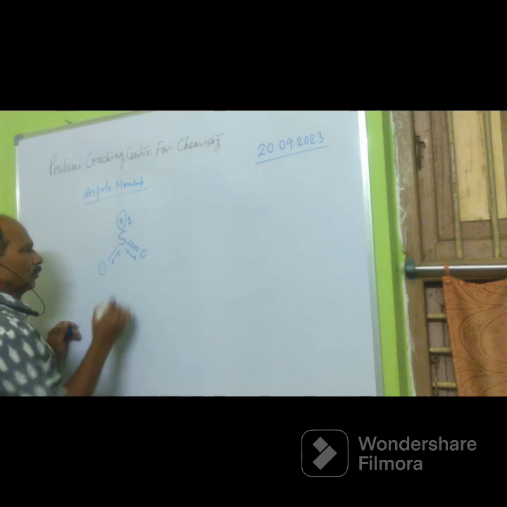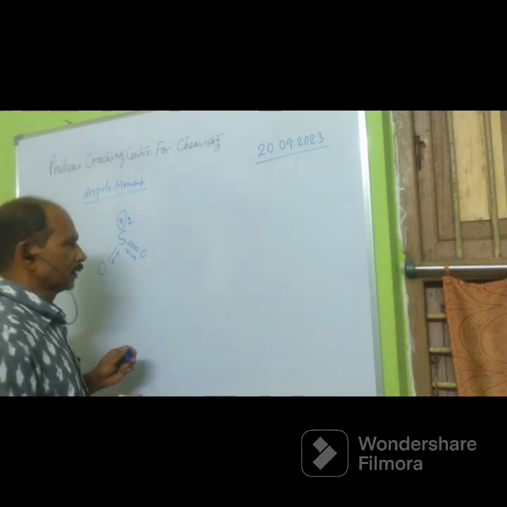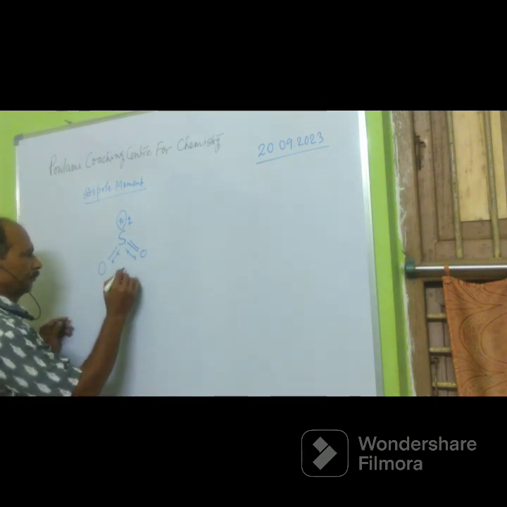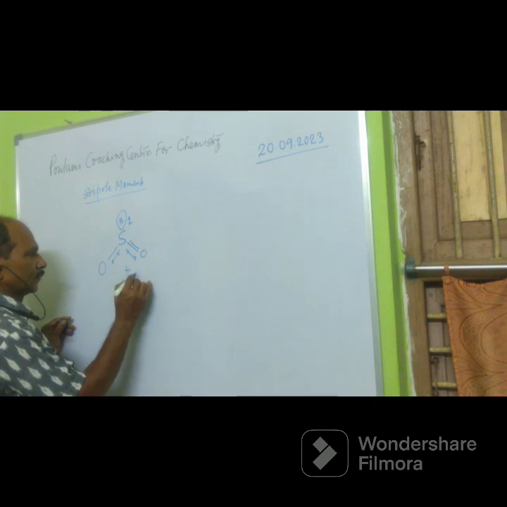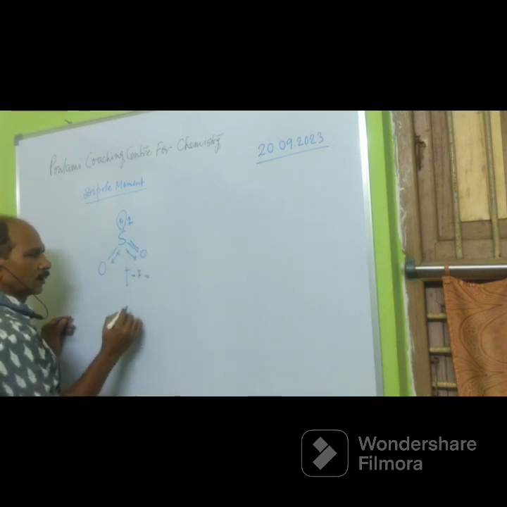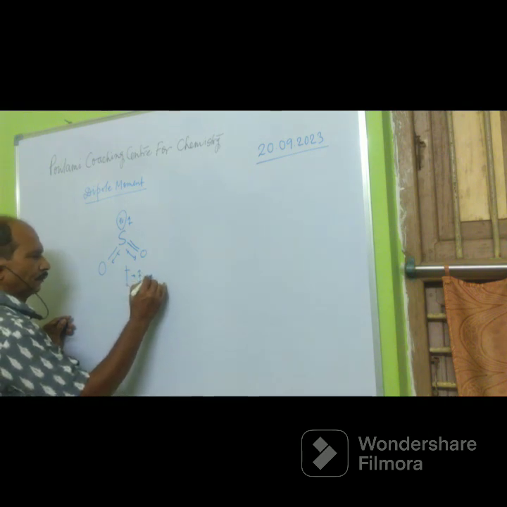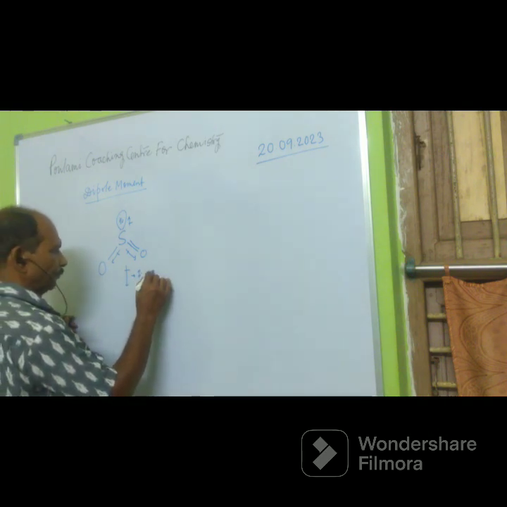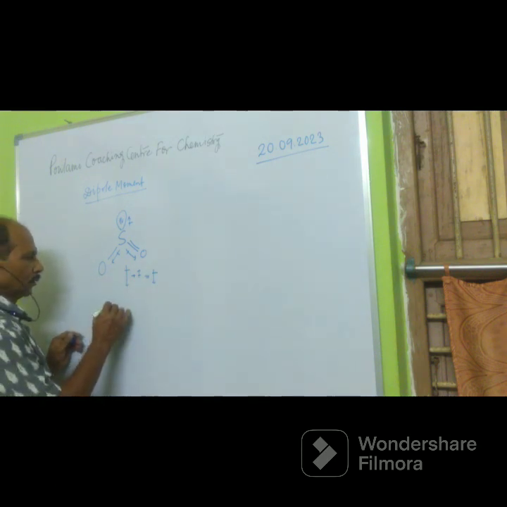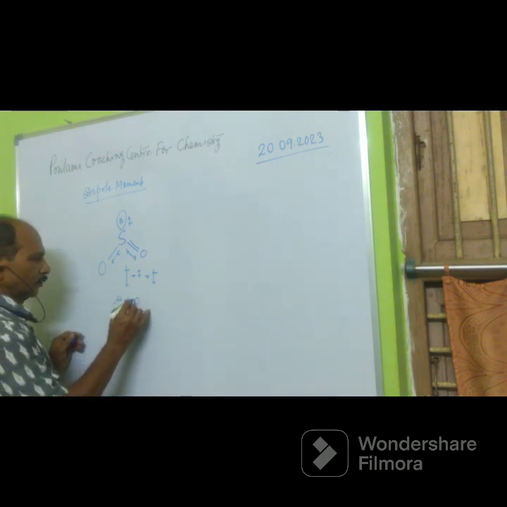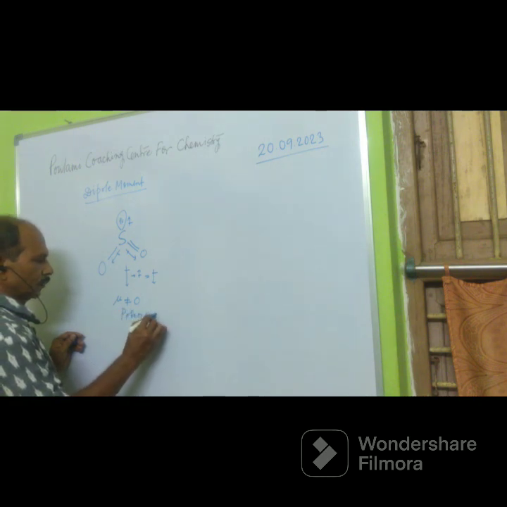The bond moment due to the lone electron pair acts in the opposite direction. So the resultant of these two bond moments is like this, and it is to some extent less. The resultant is this. So obviously mu is not equal to 0. Therefore, it is also a polar compound.